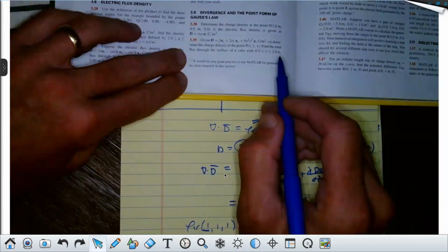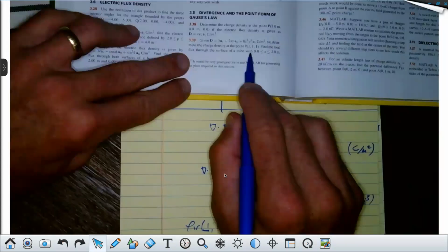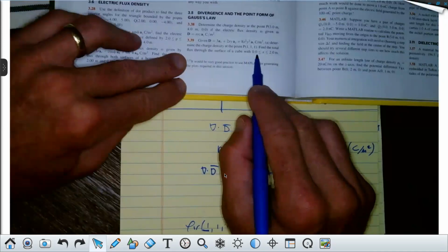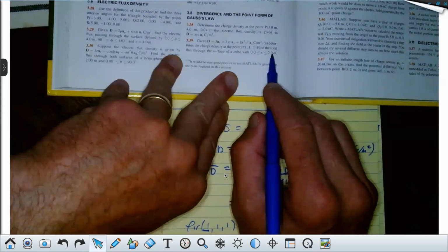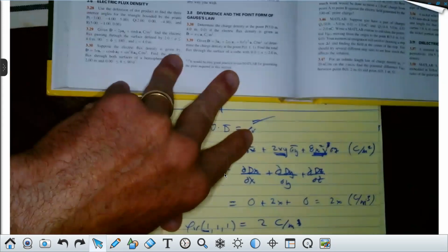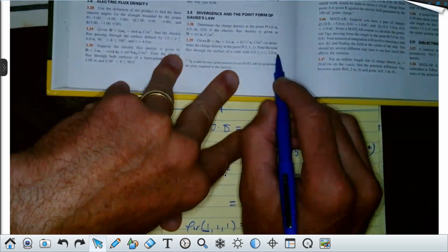Now, the second part is find the total flux through the surface, which is a cube with 0 less than x less than 2 meters. What he's talking about is this: this is x, this is y, this is z, and they want a cube that goes from 0 to 2 meters.